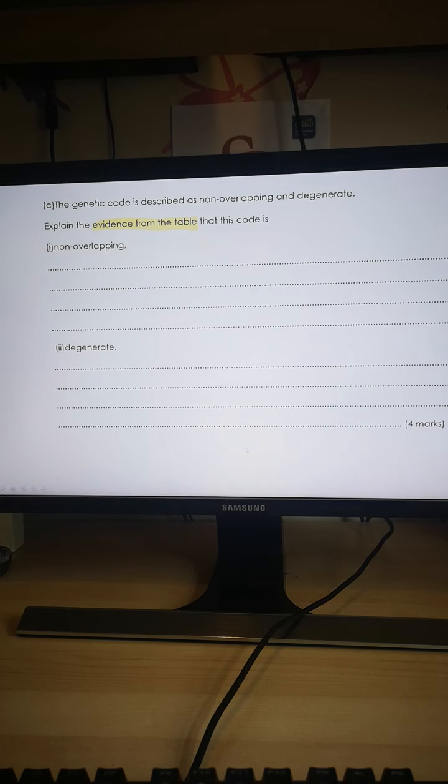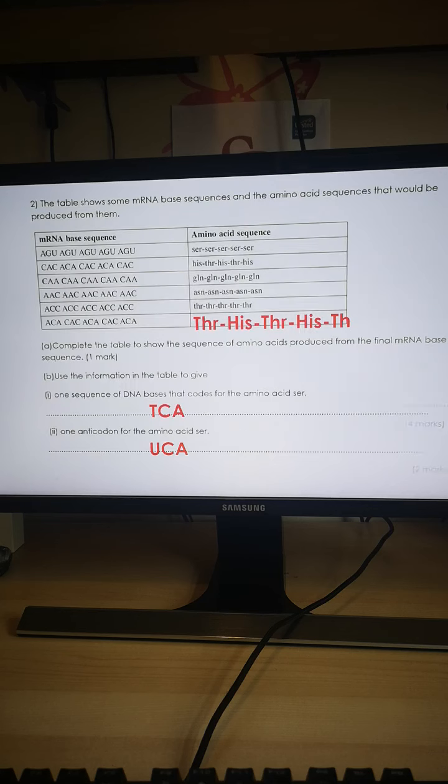Now, same questions again, but what I'm trying to show you is that these questions are built around providing evidence, so they're presented in pretty different ways each time. Somehow the examiner will give you information about bases coding for amino acids.